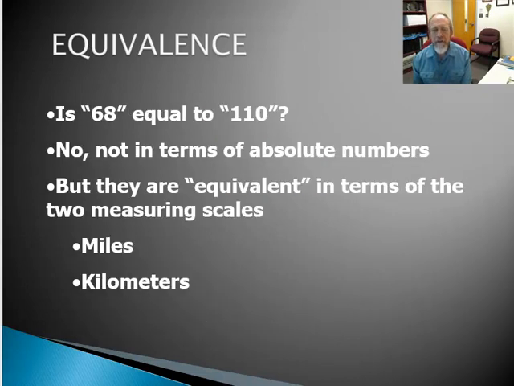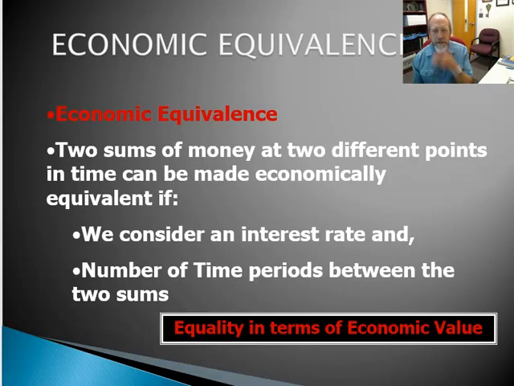The numbers aren't equivalent, but the actual speeds are equivalent. When you're talking about this with money, that's called economic equivalence. A chunk of money right here and a chunk of money at a different point in time can be equivalent, but the numbers won't be the same, because interest rates and time periods separate those two values.